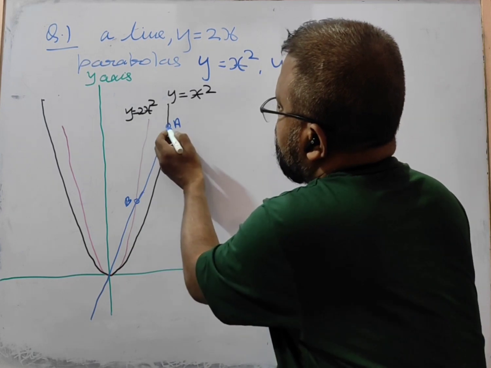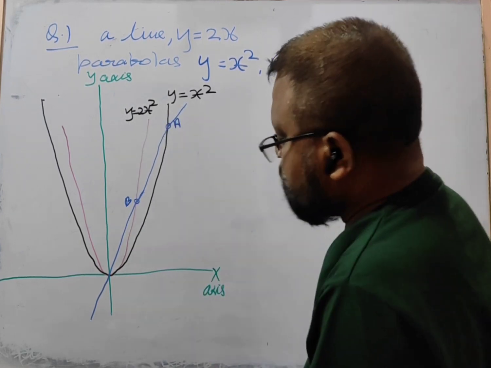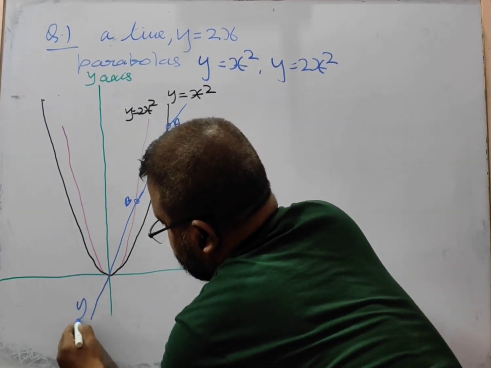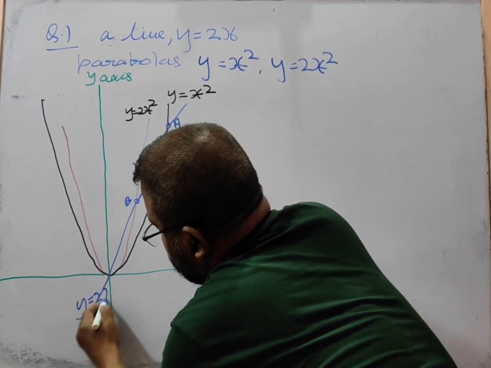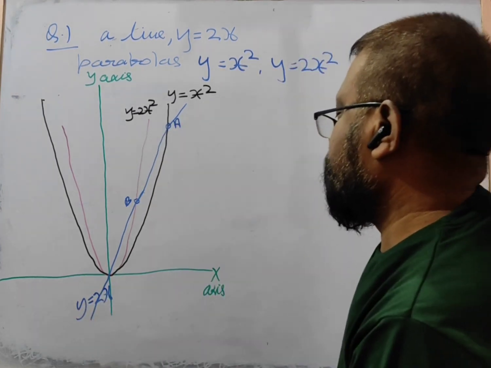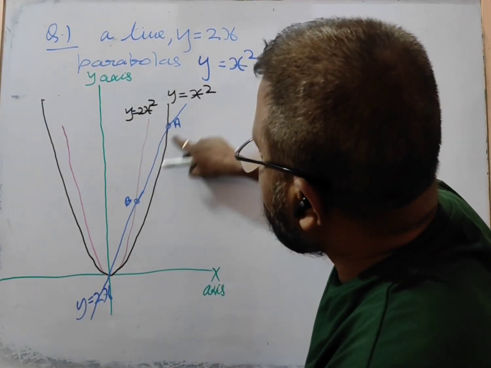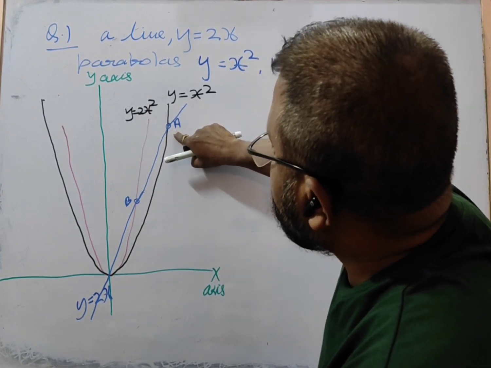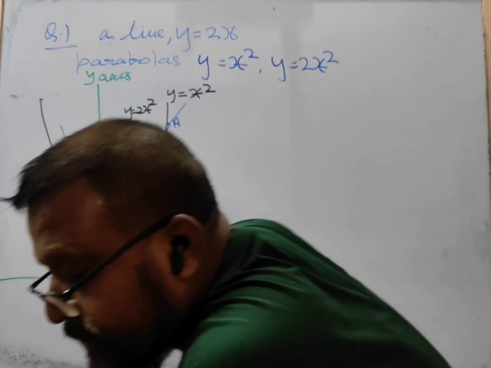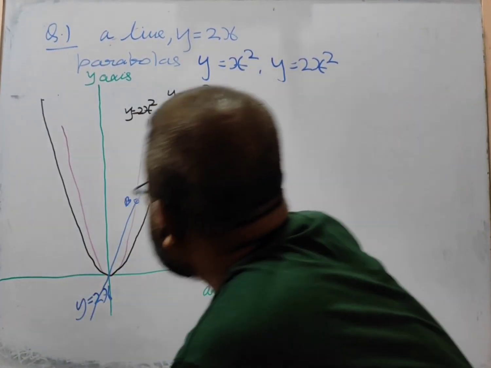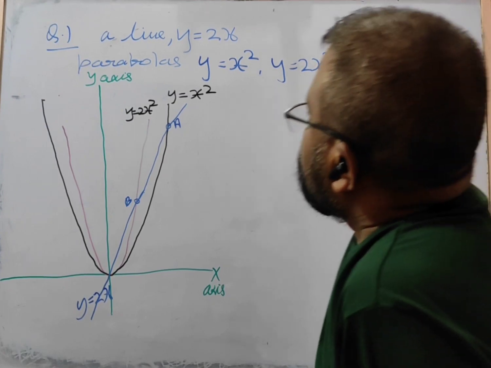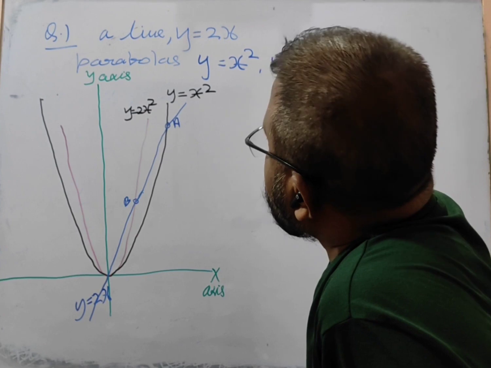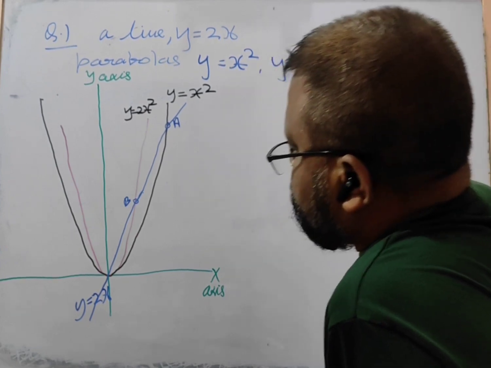So this is line AB, and this line has the equation y is equal to 2x. It is intersecting the parabola y is equal to x square. So we have to find the intersecting point.